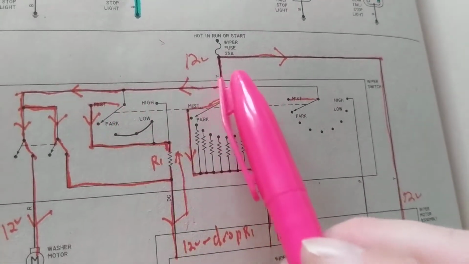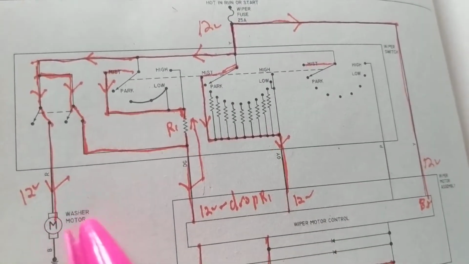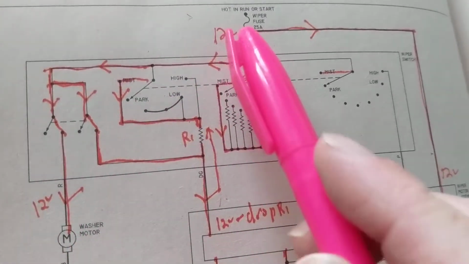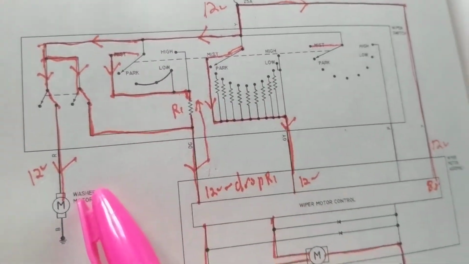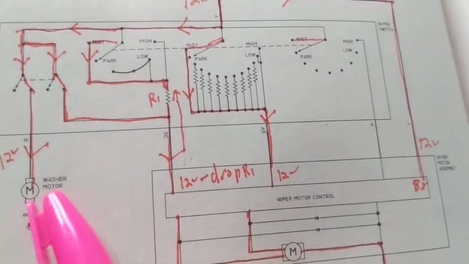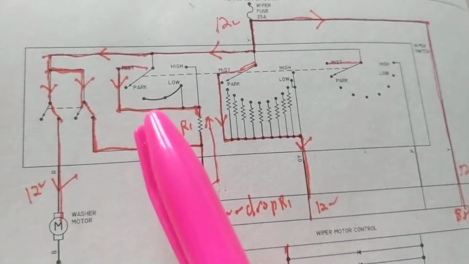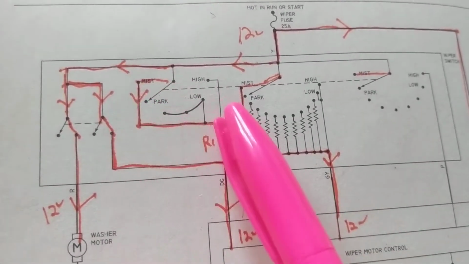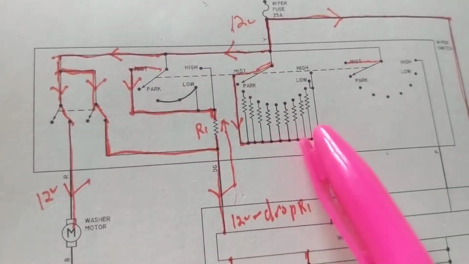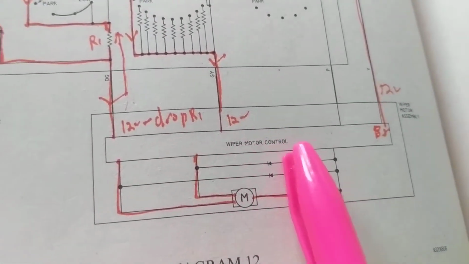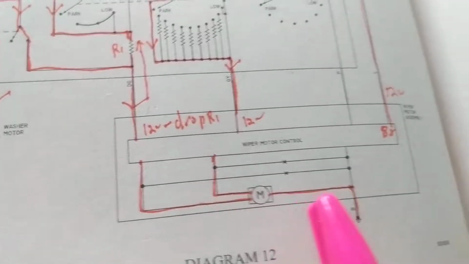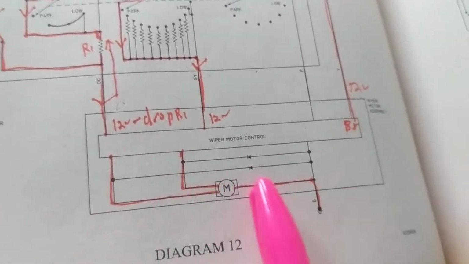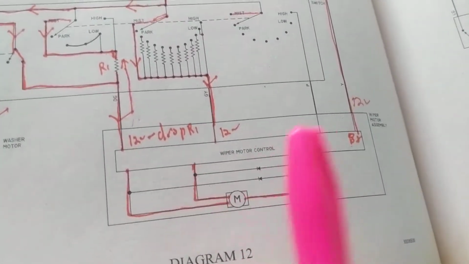When we want to put washer fluid on the windshield, we press the button or the switch. This is what happens. Mist comes here, here, here, and tells this, okay, fine, we have fluid on the windshield. We have to get the motor and the wiper to clean it off.